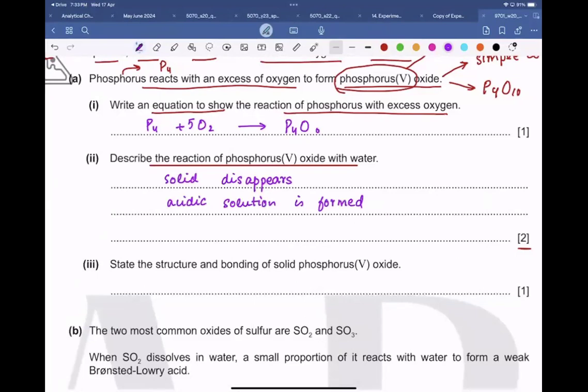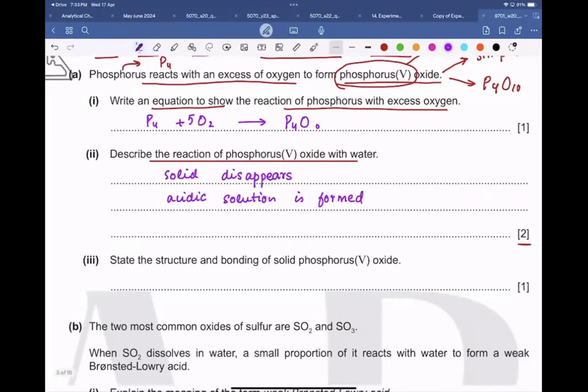And further, usually when an acidic solution is formed, normally energy is released. So the reaction is exothermic. So you can write exothermic as well, but right now it's an extra one. So you have to write only 2 out of these 3. Is this clear to all of you?